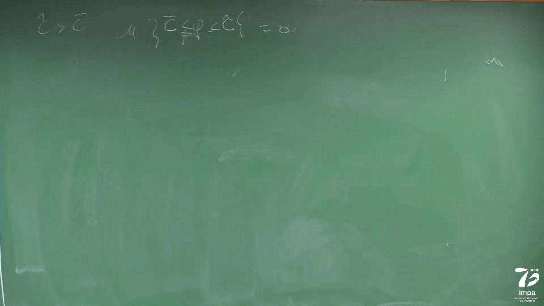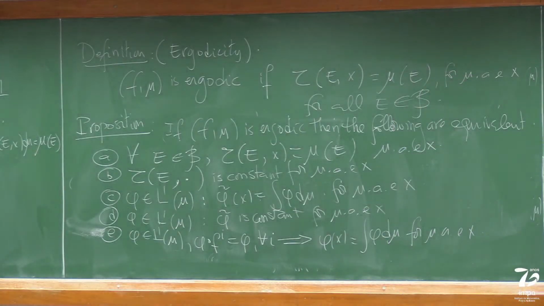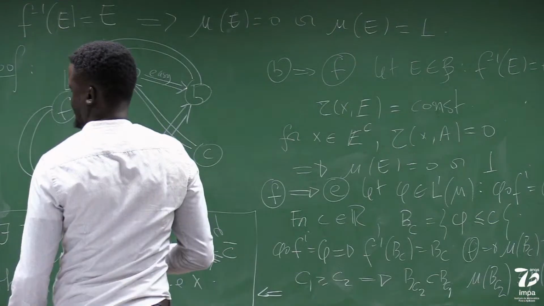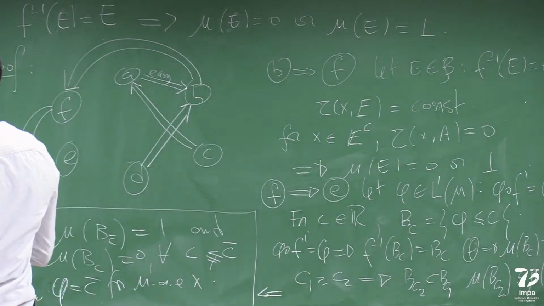Let me just, for completeness, do it here. You can see that D implies B. You take just the function to be the indicator function of the set E. And you can see that C implies A. Same reason.